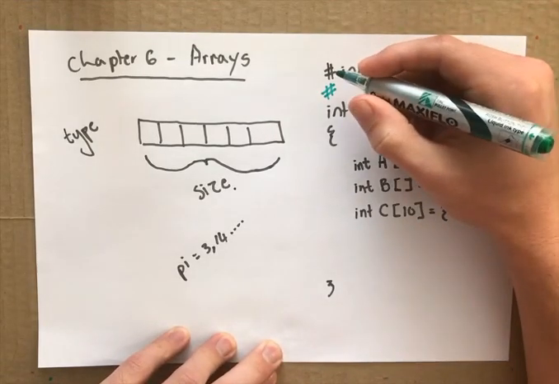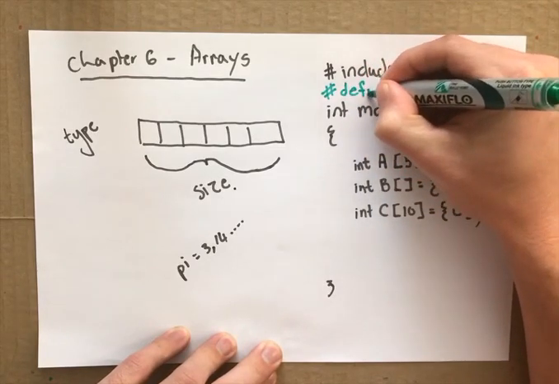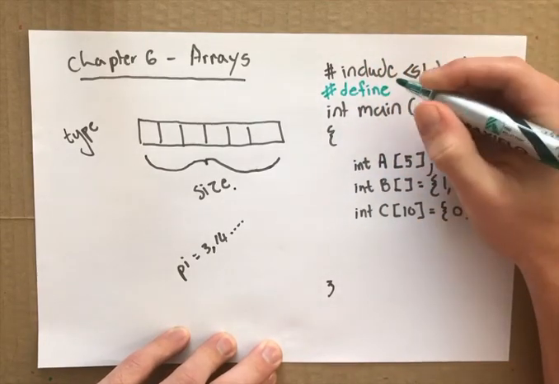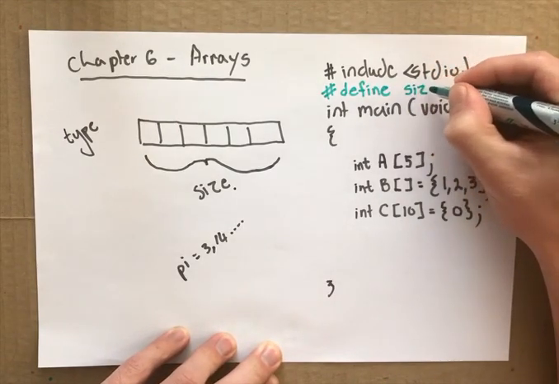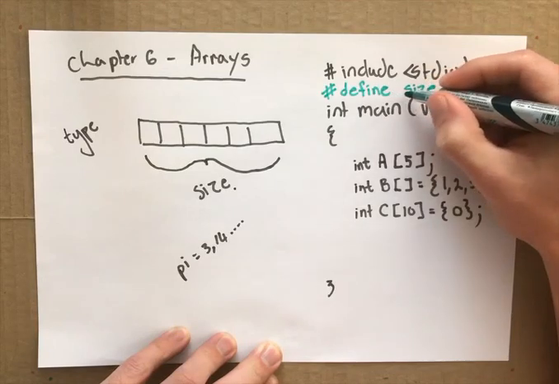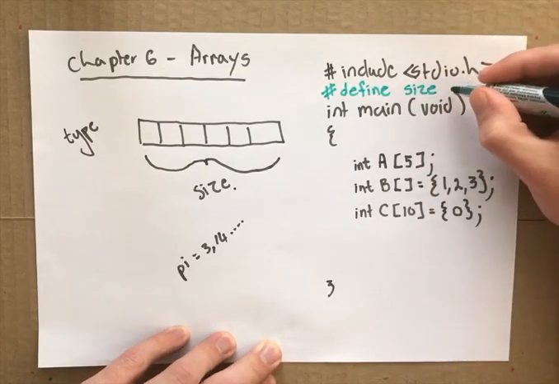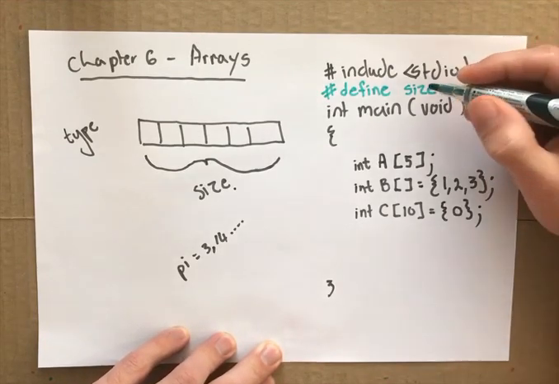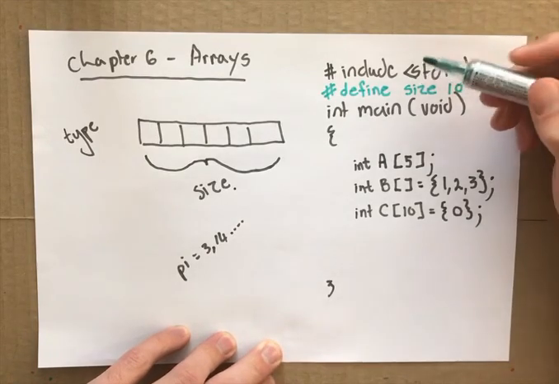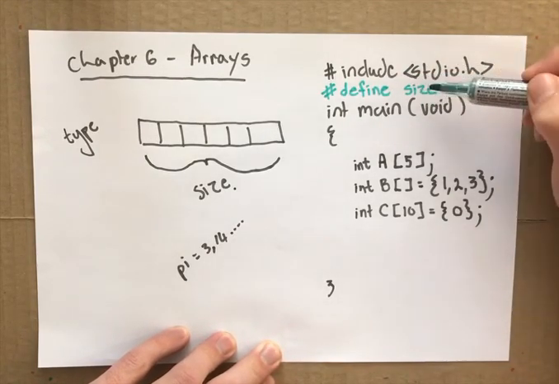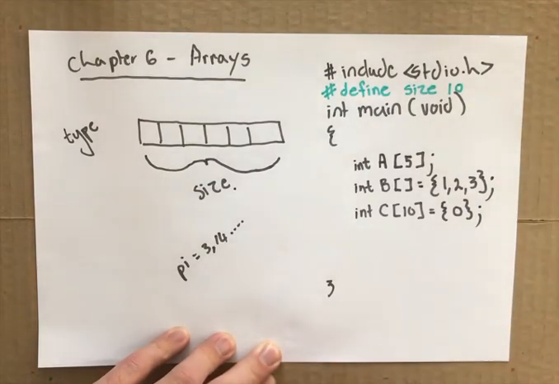You say #define, then you say SIZE, and you have a space between define and size, and then a space again, and then what do you want to define your size as? 10. So you defined a constant with the name SIZE, and the value of SIZE is 10.